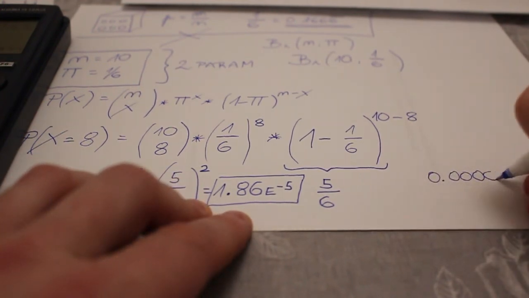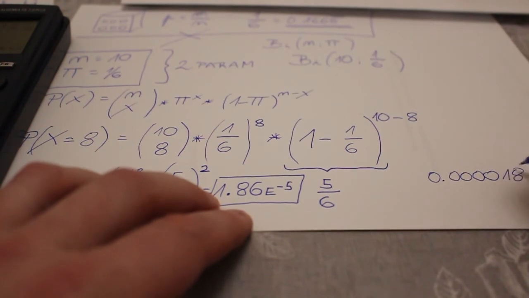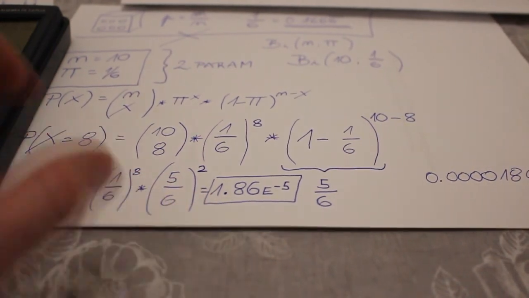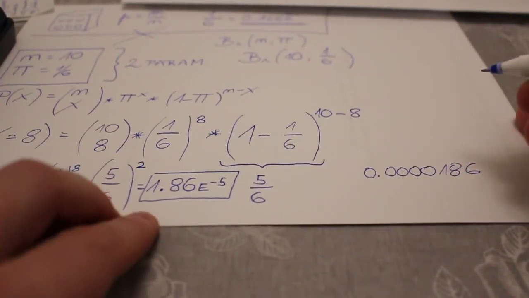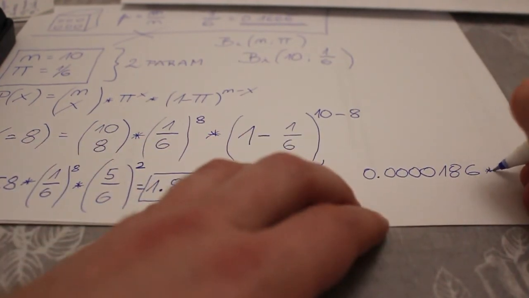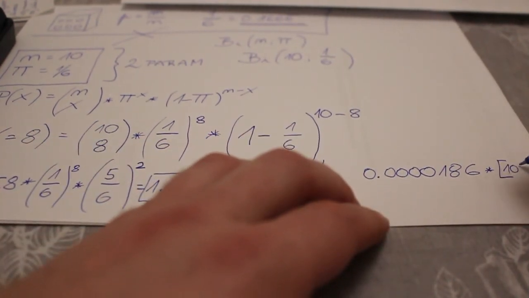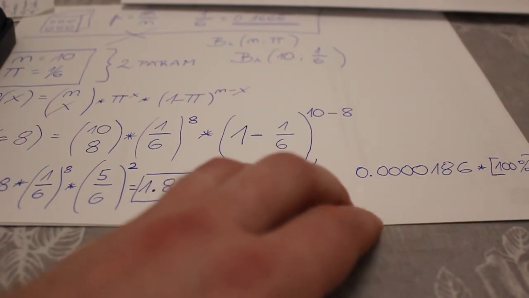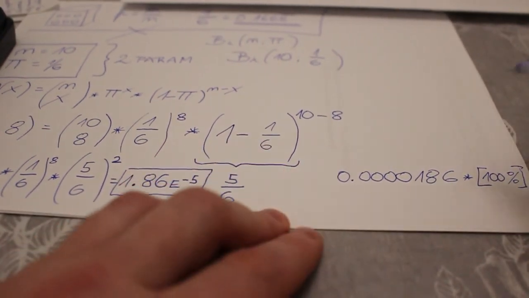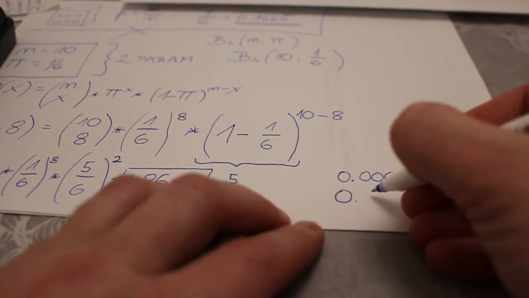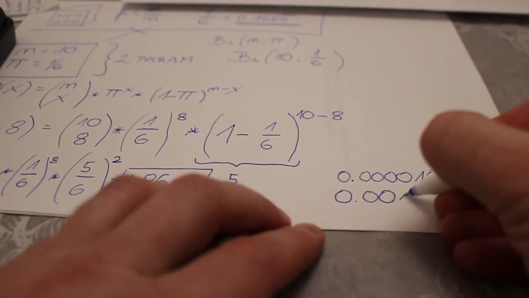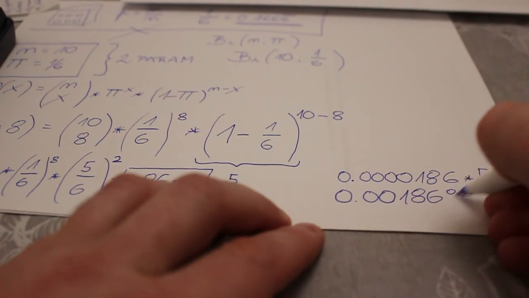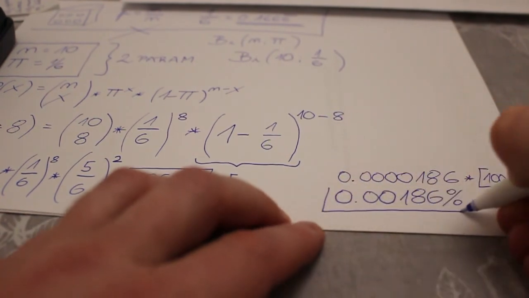This value is 0.0000186. Yes, if you multiply this value by 100, you can interpret the result in percent, so in percent 0.00186%.